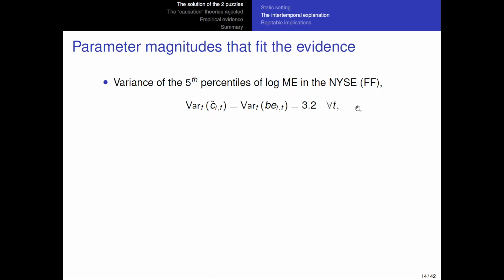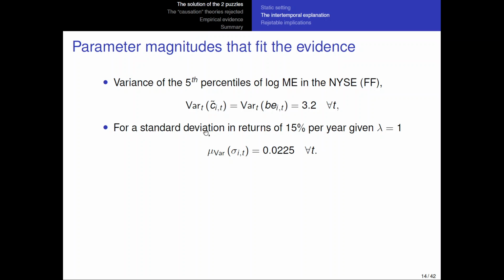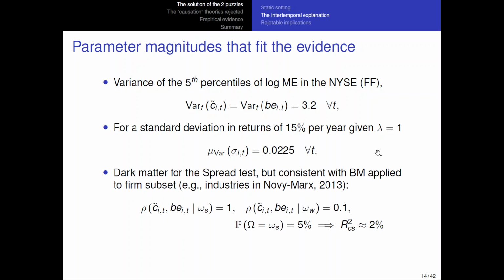Okay, so that's the 3.2. Then you have a standard deviation that I'm assuming is 15% per year. So this is the variance in the risk, the variance of risk sigma I in cross section. So it's 15%. That's going to give you the 0.225.